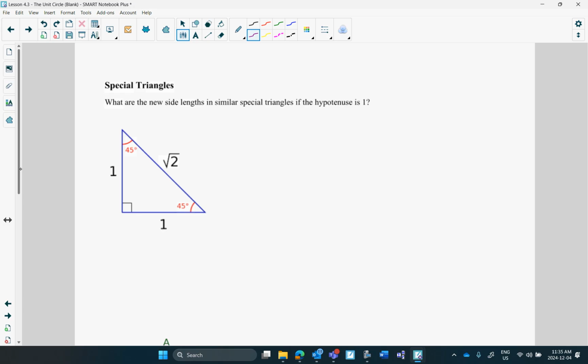Right. But I need a similar triangle where this is 1. I need a proportional triangle where this is 1. Okay. How do I get from root 2 to 1?